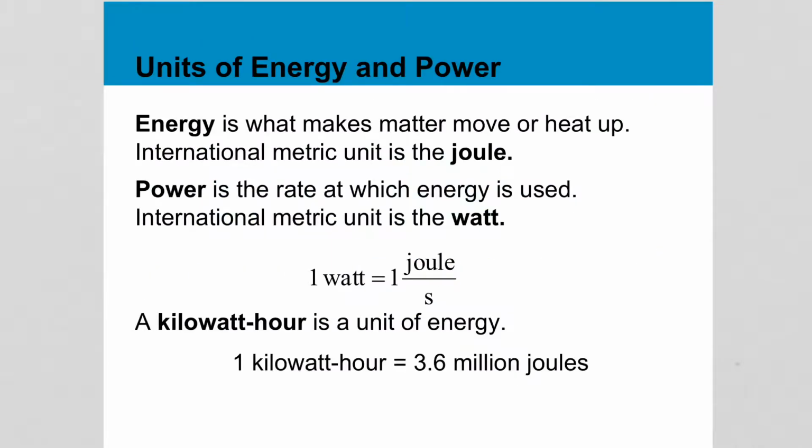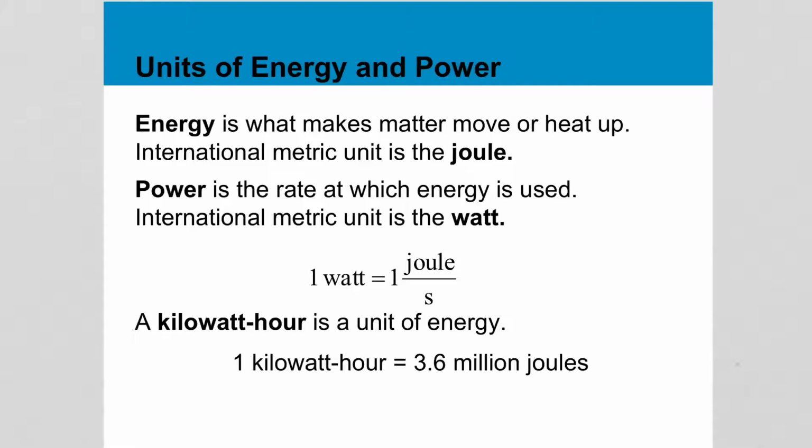Units of energy and power. Energy and power are two different things. You might think of them synonymously, but they're not. Energy is what makes matter move or heat up. And the international metric unit is the joule. Power is the rate at which energy is used.